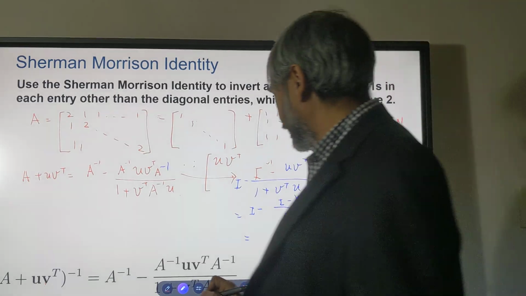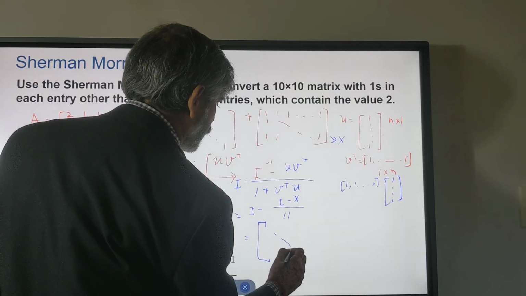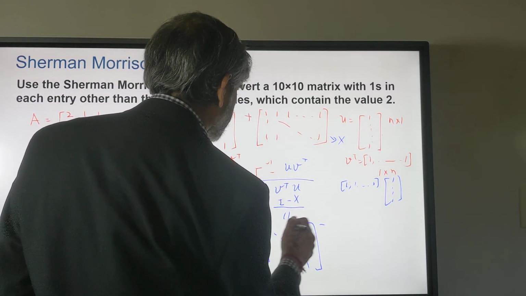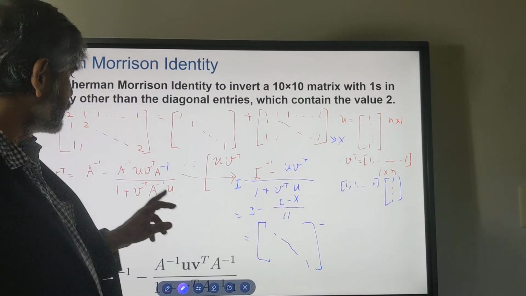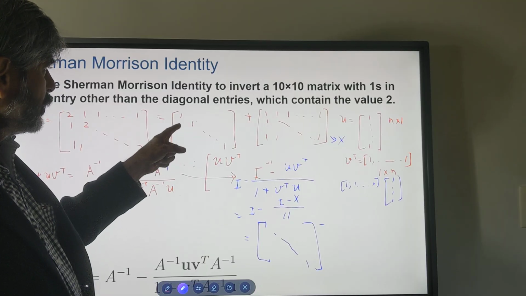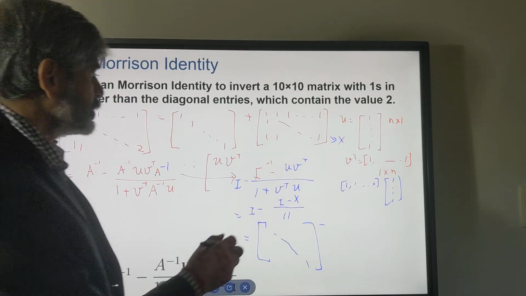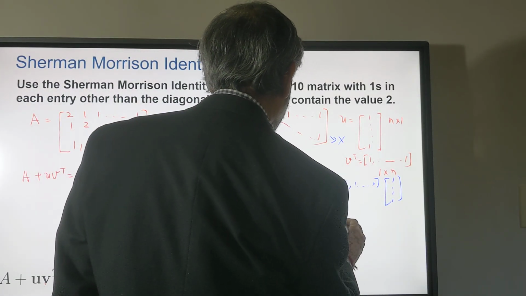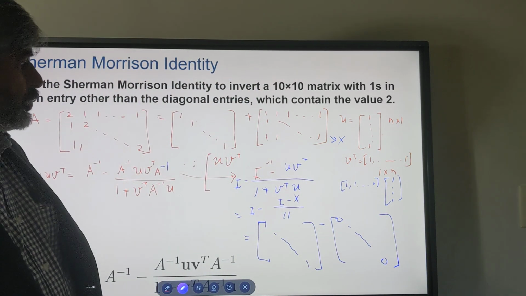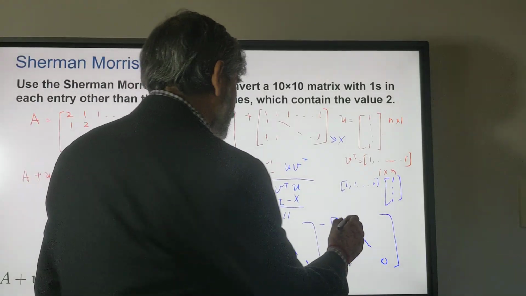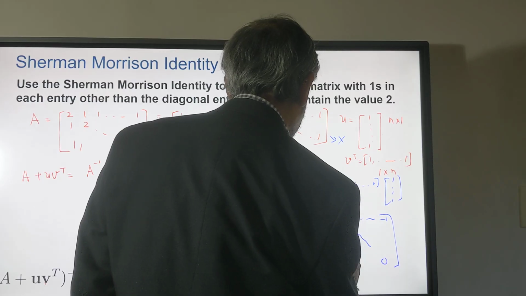So how does this matrix look? The identity matrix I minus this X matrix will look like this: all zeros on the diagonal, and all the other entries are minus ones, and this whole thing is divided by 11.